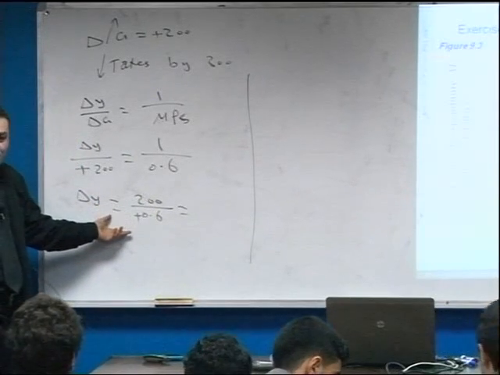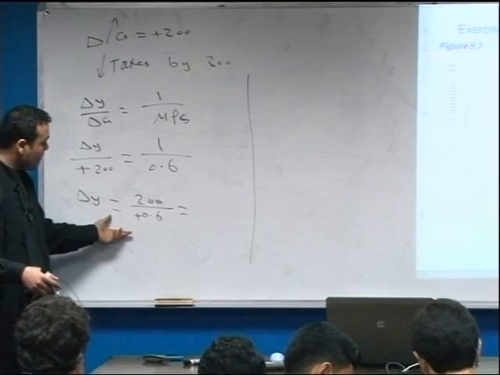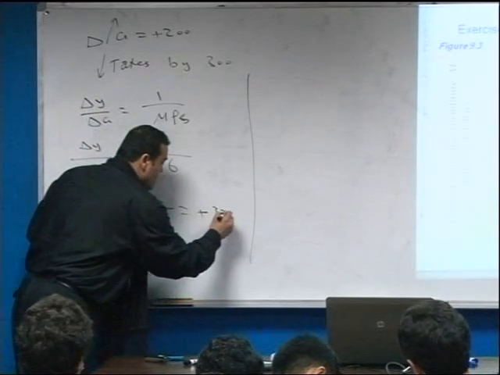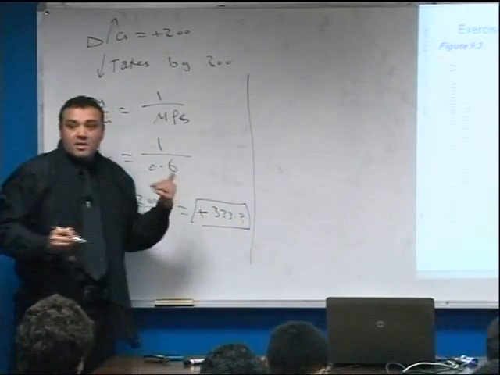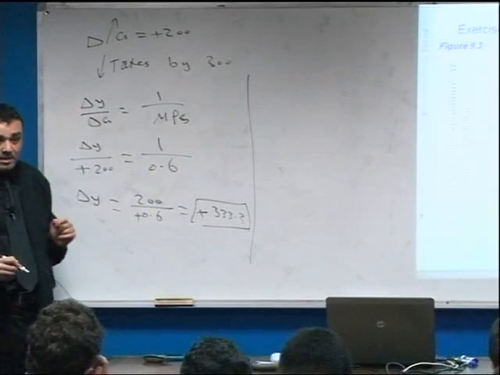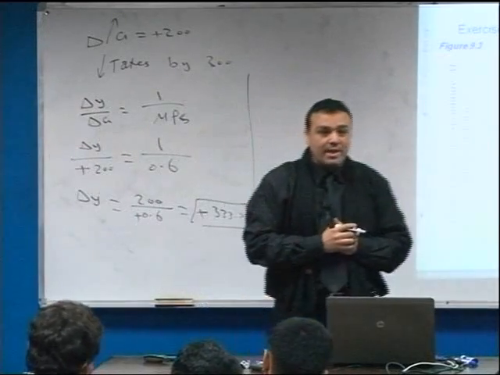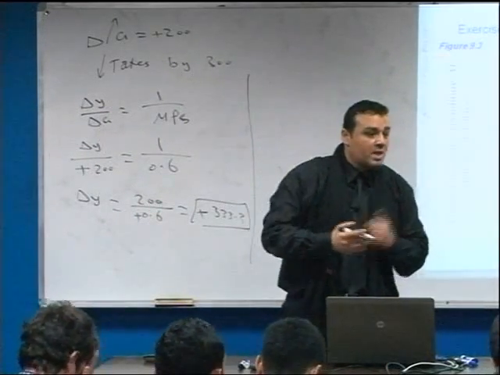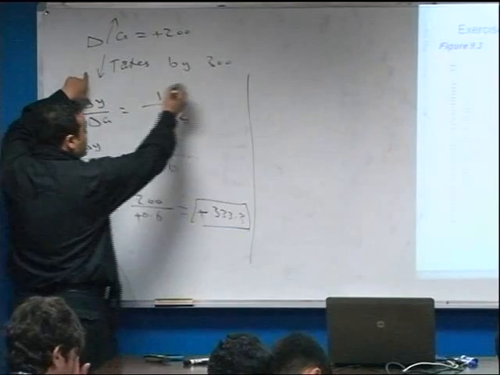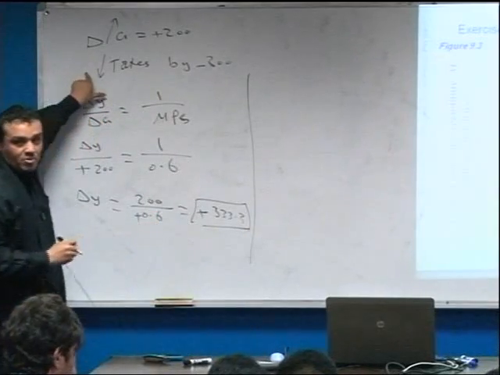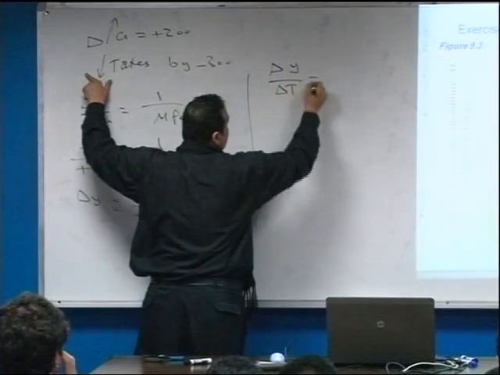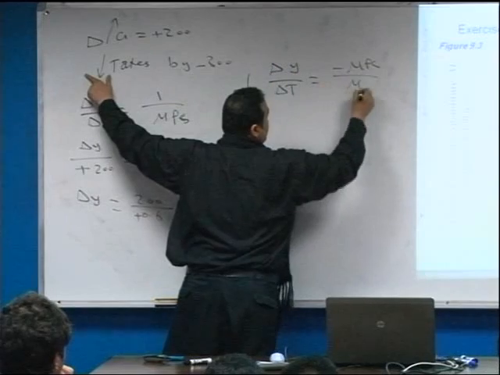So it should be positive. Okay, this is the change in the aggregate output due to the change in government spending. Let's calculate the change in the aggregate output due to the change in the taxes. As we mentioned, we have a decrease in taxes by $300 million. So delta Y over delta T equals minus MPC over MPS.